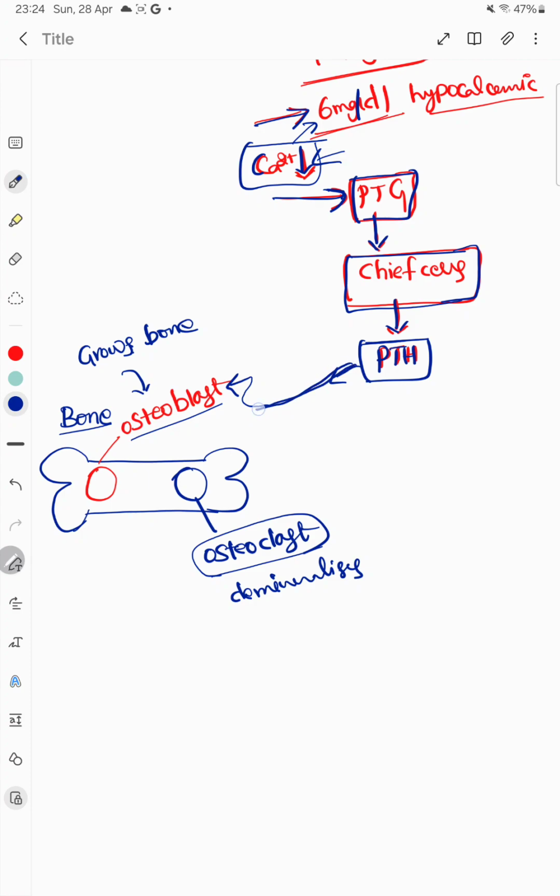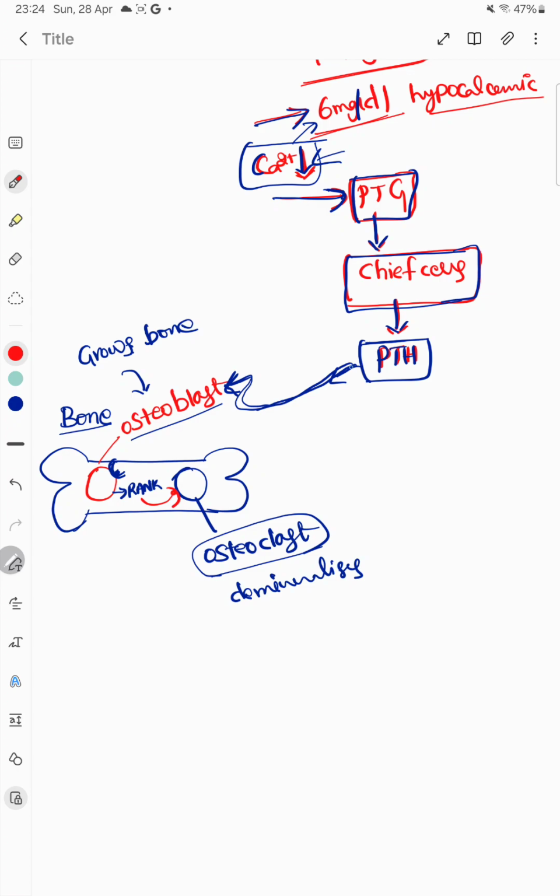Parathyroid hormone acts on the osteoblast. See here, this is a parathyroid hormone attached to the receptor of osteoblast. In response to the parathyroid hormone, this osteoblast produces a compound called RANK. RANK is a ligand, or we can say simply a signal molecule. This RANK will act on osteoclast.